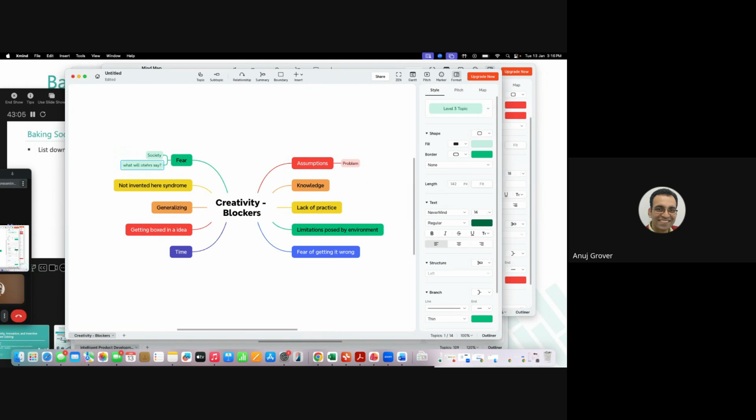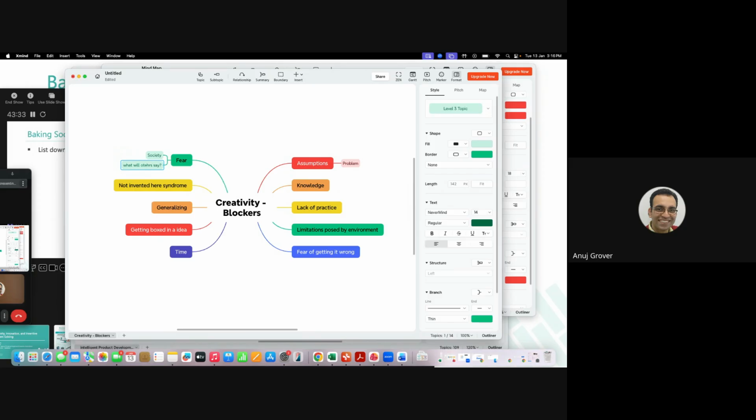Knowledge. More knowledge, problem. Less knowledge, problem. Somehow, we human beings have a capacity and the capability to turn everything into a problem. Is it not? How do we get past those problems? First, by being aware.